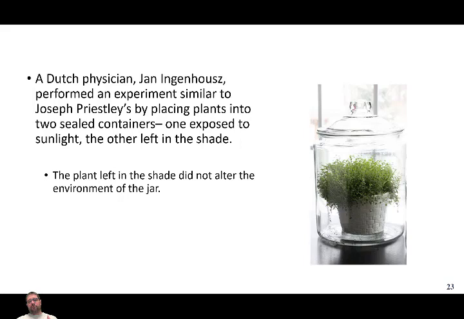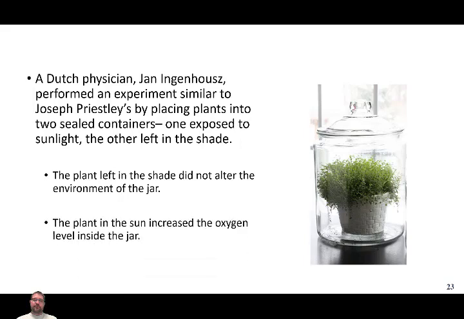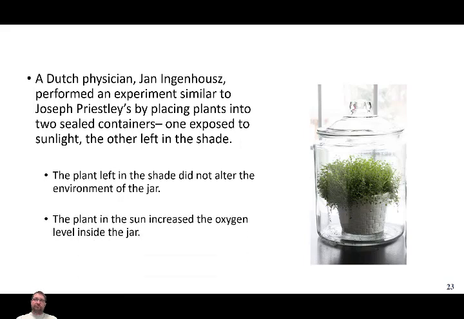Well, are these plants able to change the atmosphere in these containers? He figured out that indeed the plants that were in the sun were increasing the level of oxygen inside the jar. Not only oxygen, but also moisture was building on the inside of the jar. And we'll look at that because that's transpiration.